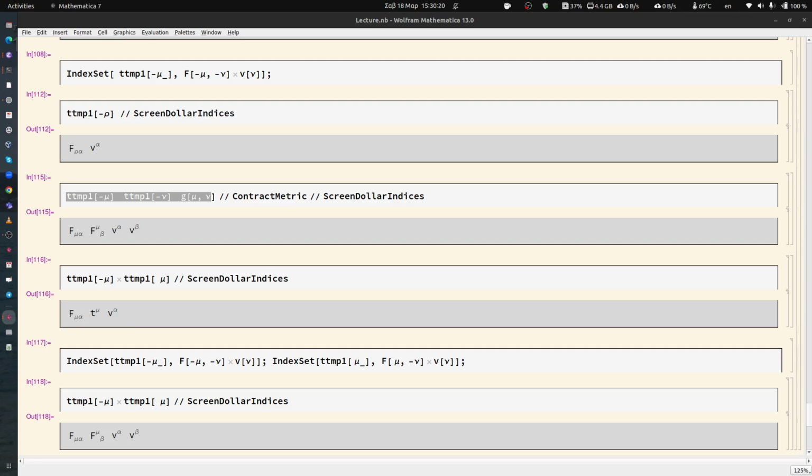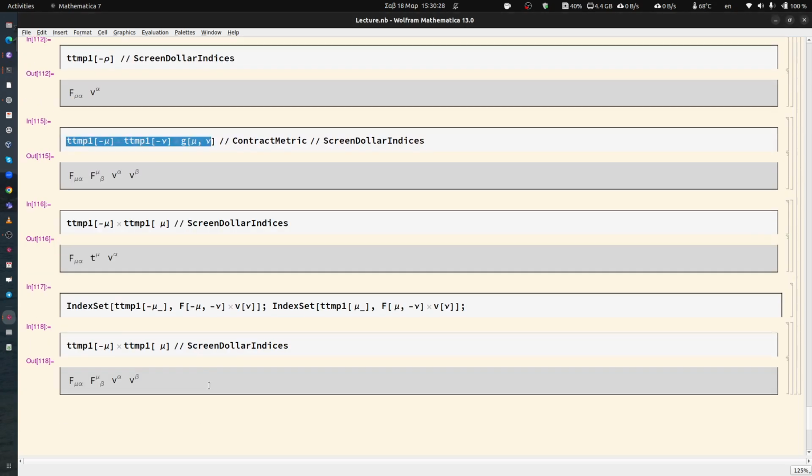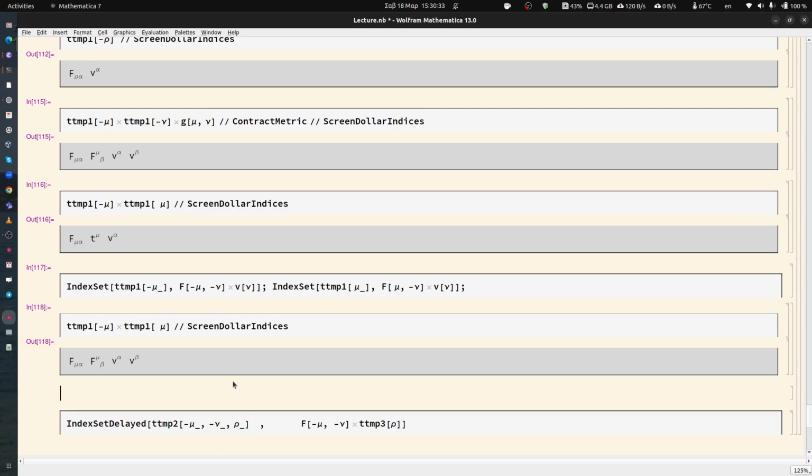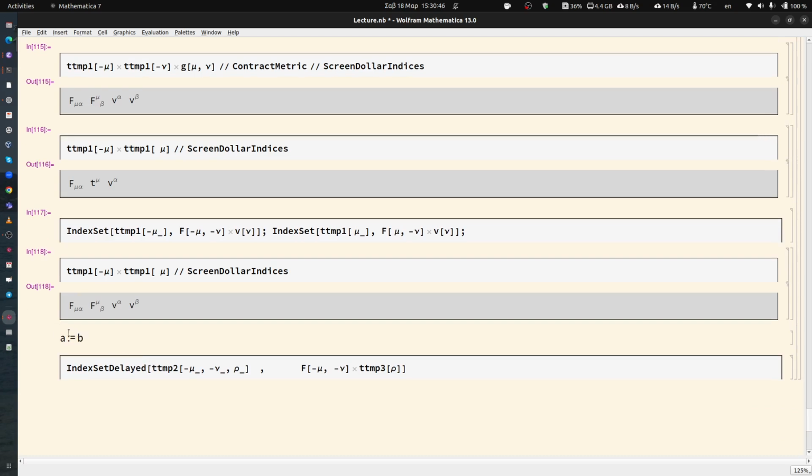Now let's look at the function IndexSet delay. IndexSet delay corresponds to the Mathematica assignment A colon equal B, and this is a delayed assignment in the sense that when we write A, it is substituted by the value of the right-hand side that occurs at the particular time that we make the substitution.